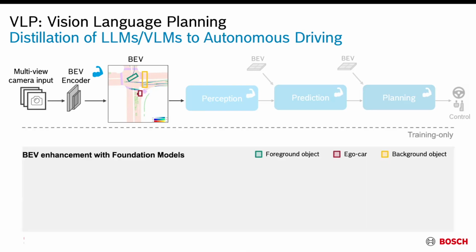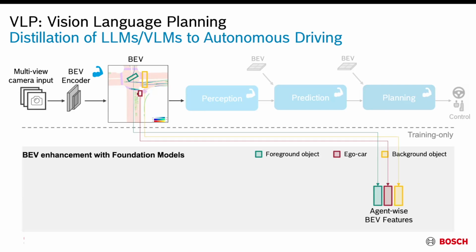So once we predict a bird's eye view, we can crop those areas based on the ground truth bounding box information. Here, for example, the red one is my self-driving car. I crop that area and get the features. The green area is a truck. I crop it. The lane segment, I know it. I crop it, and I get those features that I have predicted.